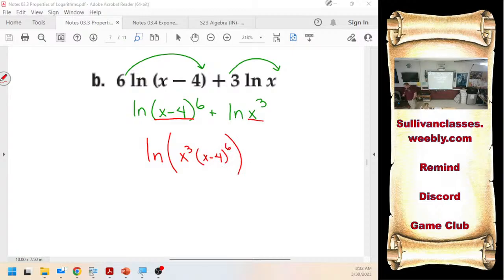Can I distribute that x to the 3rd into the x and the minus 4? How many x minus 4s are there? So if I distribute an x to the 3rd in there, that means I'm multiplying by x to the 3rd 6 times.